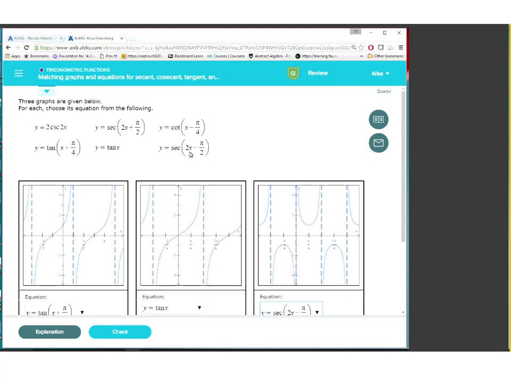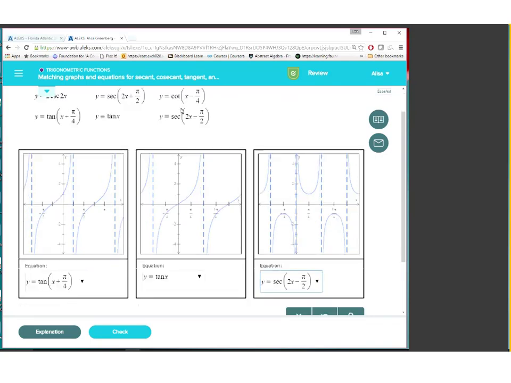And what you can do is factor out the 2, and if you do, then it would be 2 times (x minus pi over 4) in parentheses, right? Which means it's a shift to the right of pi over 4. I can show you this one on the whiteboard in a minute.